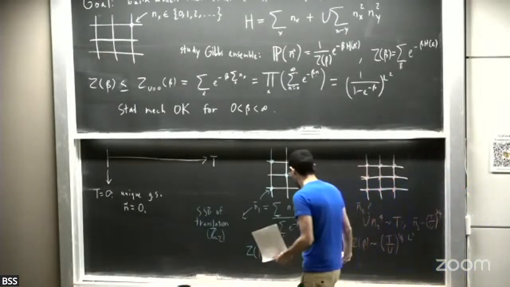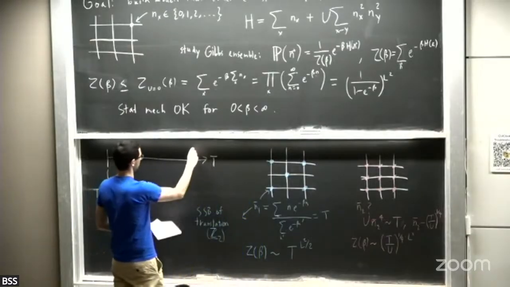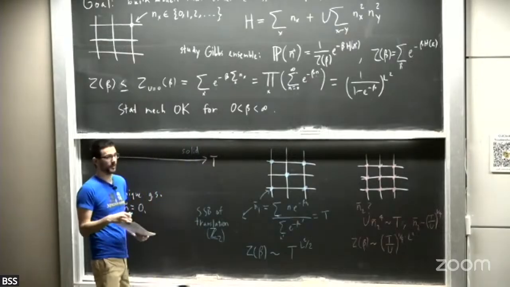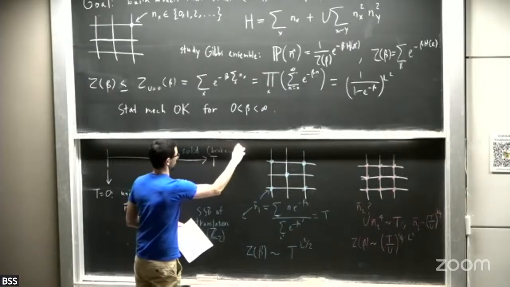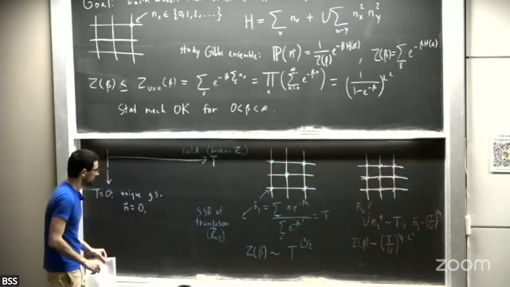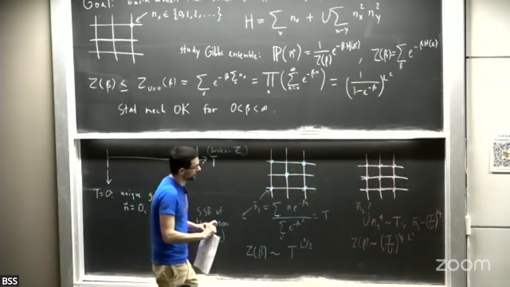But nevertheless, I hope this argument convinces you that all the way out here at sufficiently high temperature, we should have what you might call a lattice solid phase, where we have this spontaneously broken Z2 symmetry. All right. What happens at small but non-zero temperature?